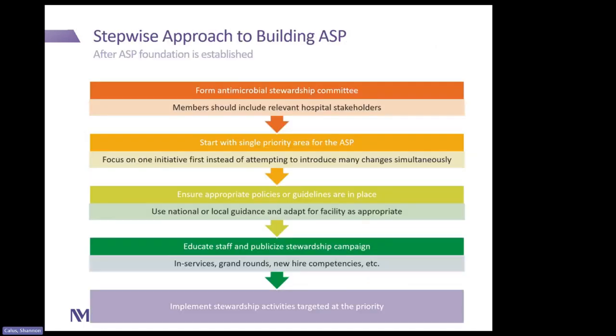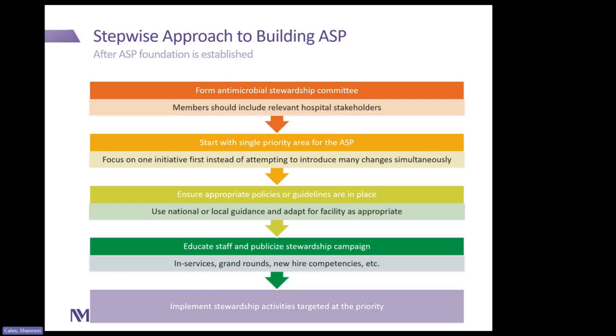So when we were first building the stewardship program, we had to go with a stepwise approach because you can quickly become lost in all the initiatives you want to start in the beginning, since there are so many different avenues to take. This is the process that the CDC document also recommends. One of the priorities is first to form that Antimicrobial Stewardship Committee.